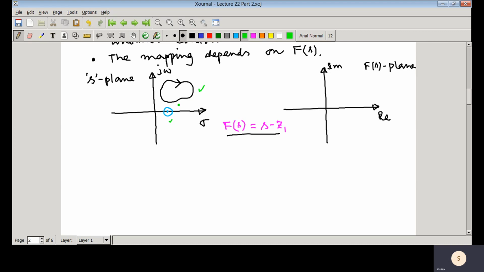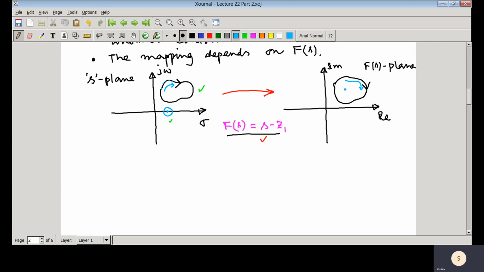Now if we map it via this particular function, then we will see that in the F(s) plane again we will have one contour. I am just drawing it arbitrarily, and this contour would be in the clockwise direction. That means the direction remains the same. If you take points continuously with the clockwise direction, you will again get a contour in the clockwise direction.